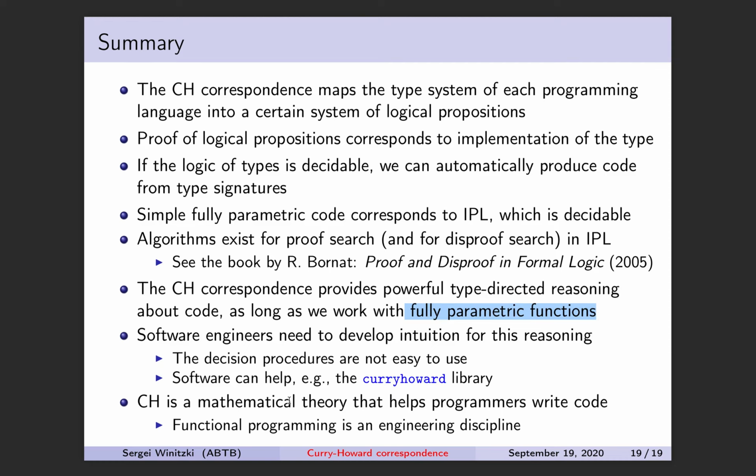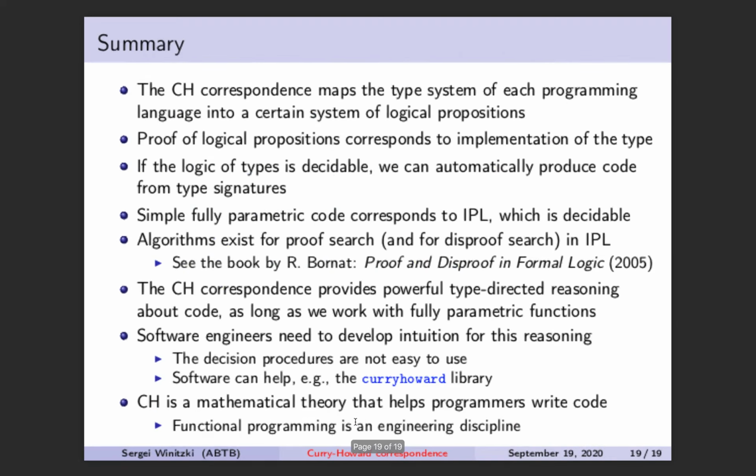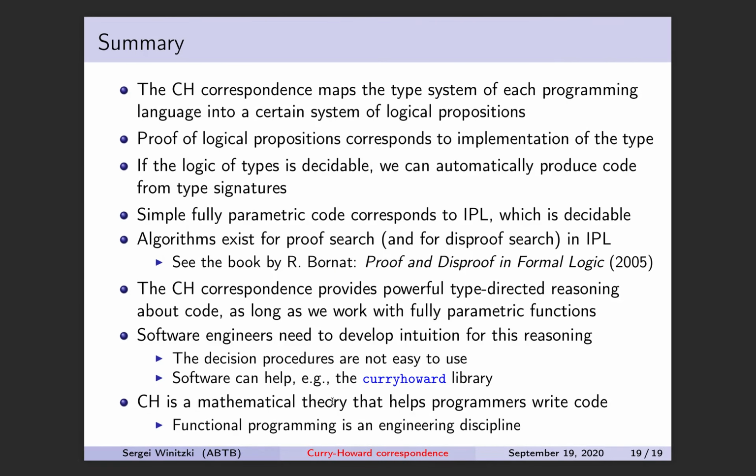A lot of functional programming uses type parameters, and this theory shows you that if you use a lot of type parameters such that all of your types are type parameters, like for example in this function, then you have a very powerful sort of reasoning based on a mathematical theory that helps you to write code.